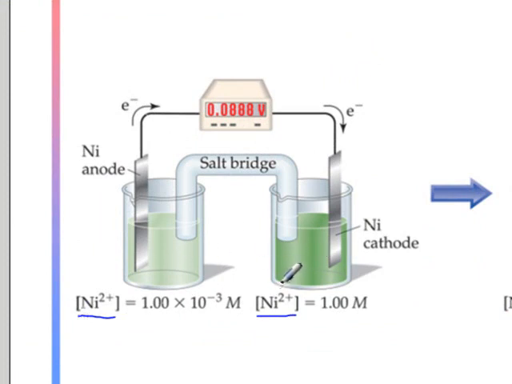This type of voltaic cell is different than the other ones we've seen, and the obvious difference is that the chemical is the same in each of these solutions. It's nickel 2 nitrate in both solutions. This one's more concentrated than the other. And again, the driving force for pushing those electrons through the voltmeter is the difference in concentration between the two half cells, similar to what we saw in that last problem.